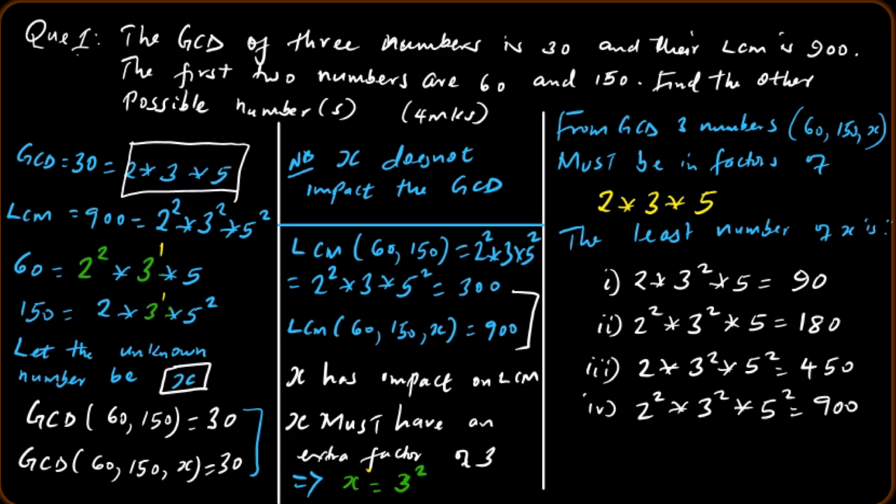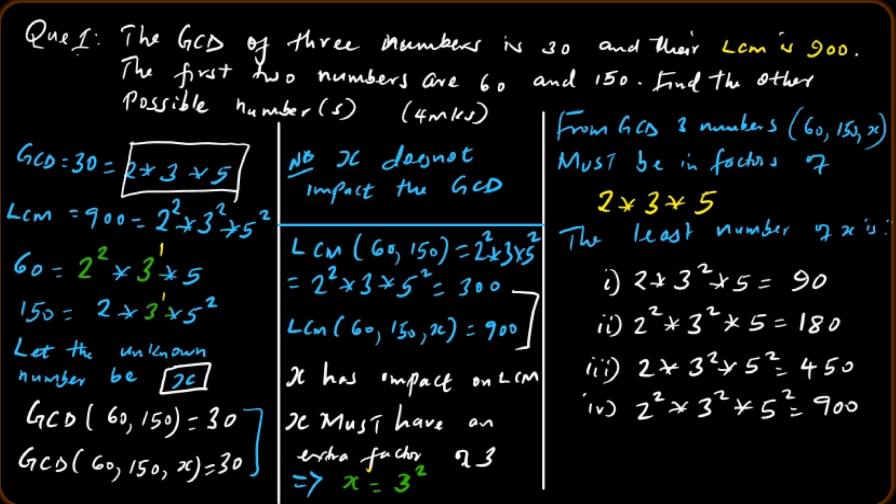Now, we cannot go beyond power 2. The reason being, three numbers should have a LCM of 900 here. We are limited. We cannot go beyond the 900. That's why you can't go beyond powers of 2. So we cannot have 2 power 3. Okay? Because when we have 2 power 3, we will be going beyond the LCM, which is 900.